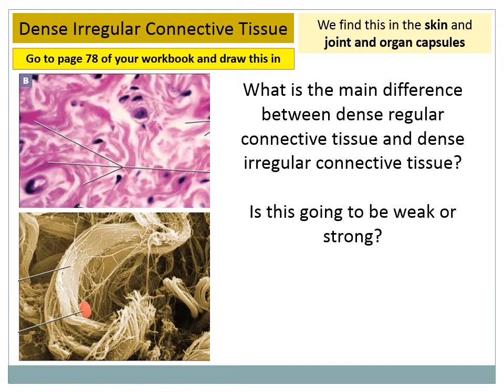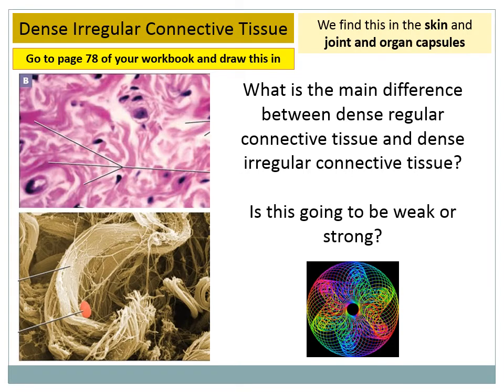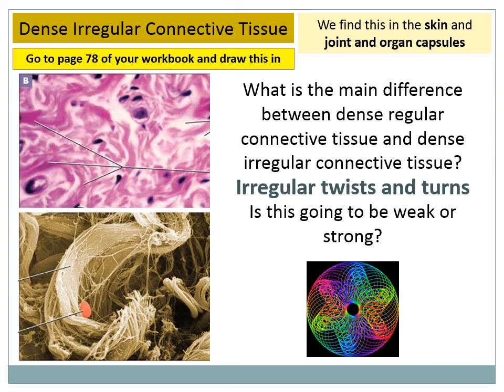If you just said that dense irregular is irregular, you're just like me. But what I want you to point out is that your dense irregular connective tissue is irregular with twists and turns in it.